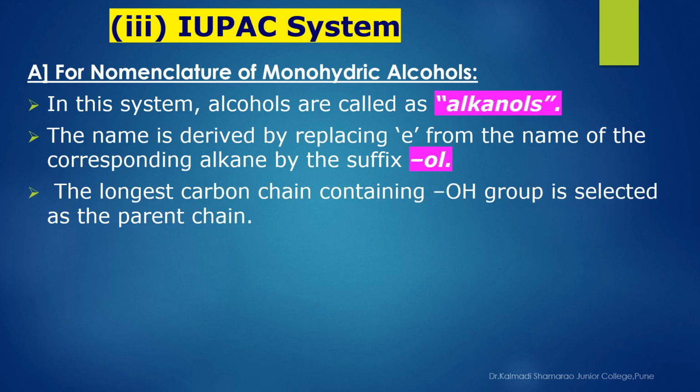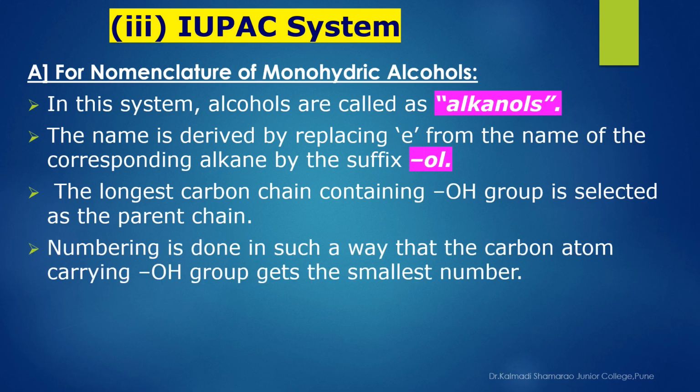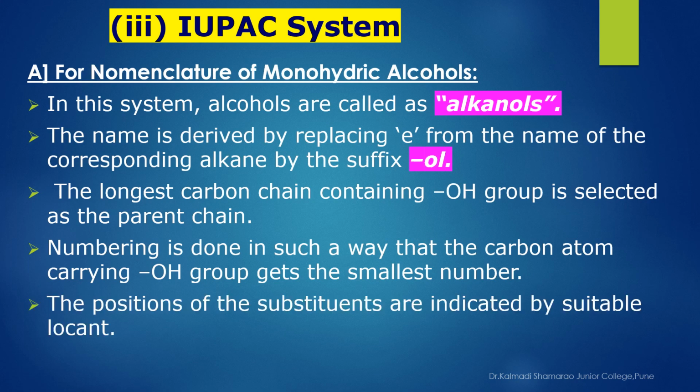The longest carbon chain containing the hydroxyl group is selected as the parent chain. Numbering is done in such a way that the carbon atom carrying the hydroxyl group gets the smallest number. The positions of the substituents are indicated by suitable locants. Example, CH3OH, methanol.